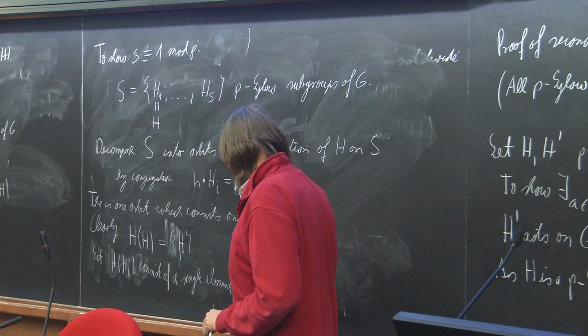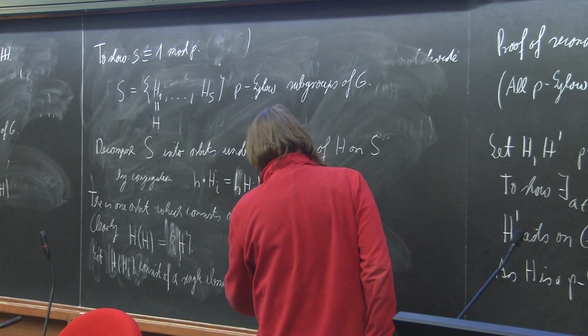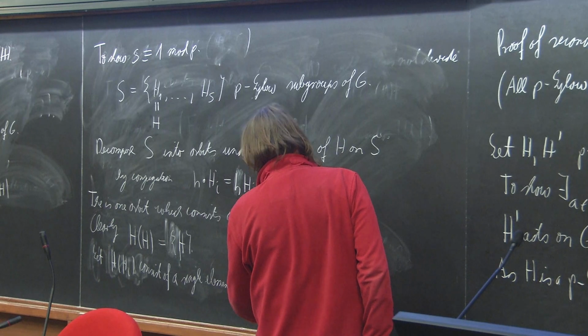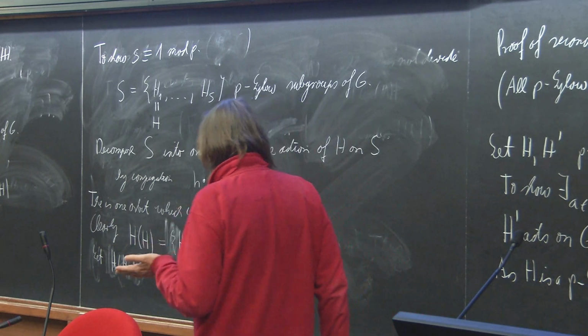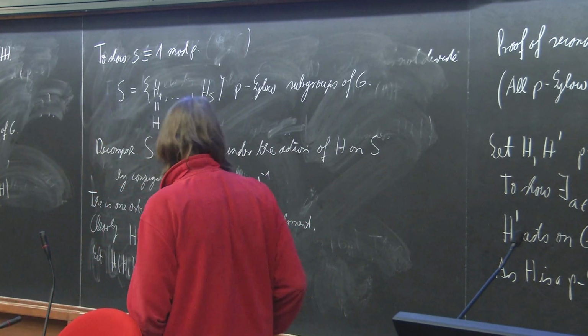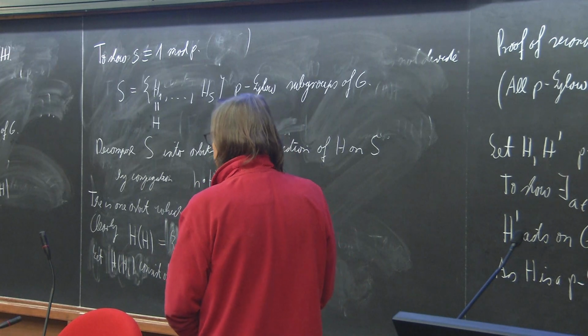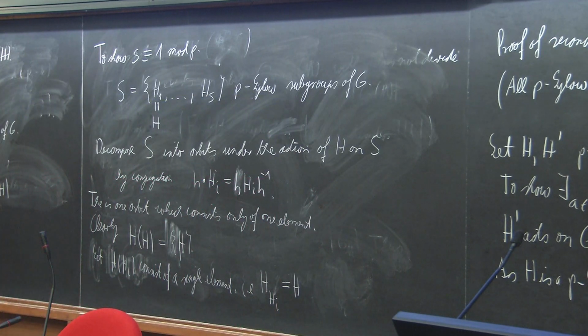So what does it mean? It means all the elements of H should act trivially on Hi by conjugation. We know what the elements in G are which act trivially: these are precisely the elements in the normalizer, because the stabilizer inside G for this action is the normalizer of Hi.